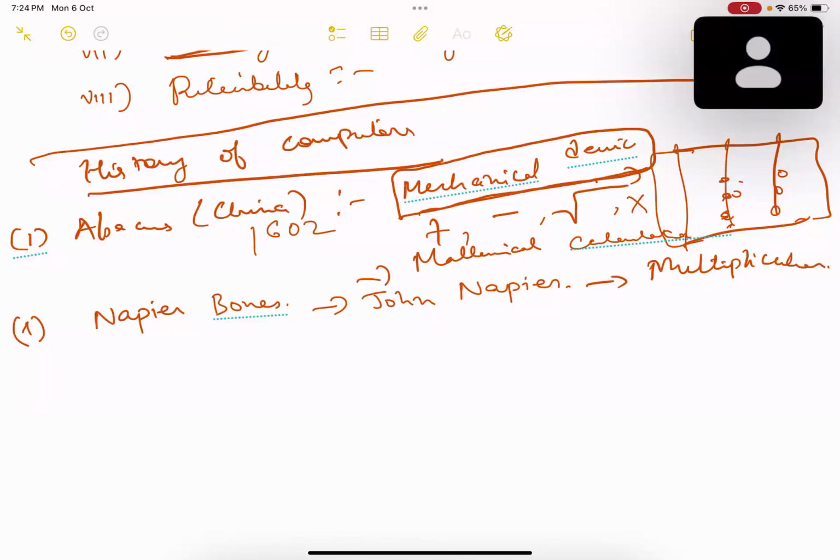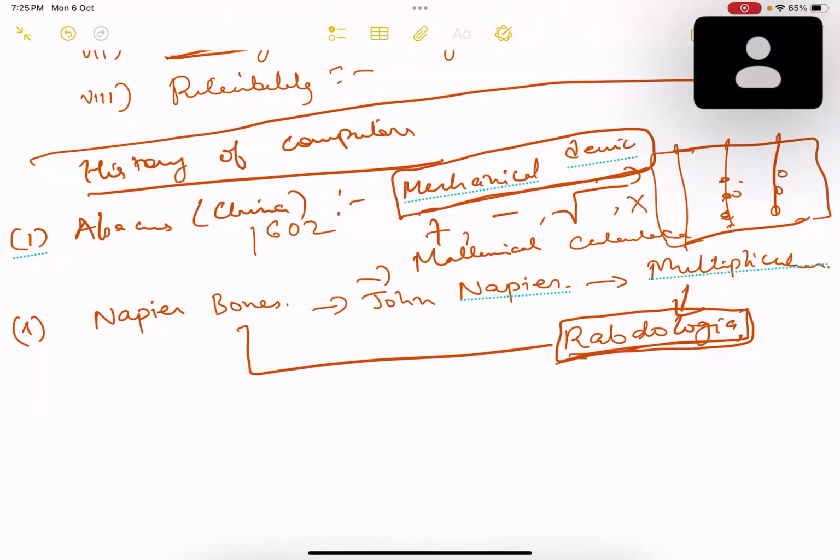And the most important thing was it used a technology known as rabdologia. You just remember this term. You don't need to learn beyond this. This is just going to be for your MCQ questions only, your NSSB. Just remember that rabdologia deals with what is known as Napier's bones.